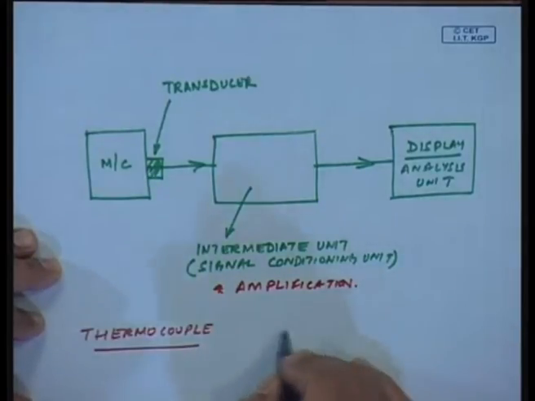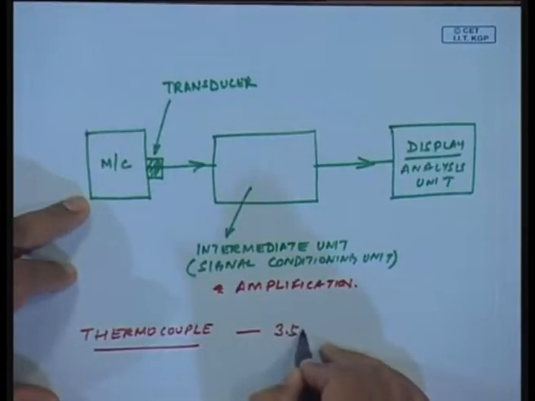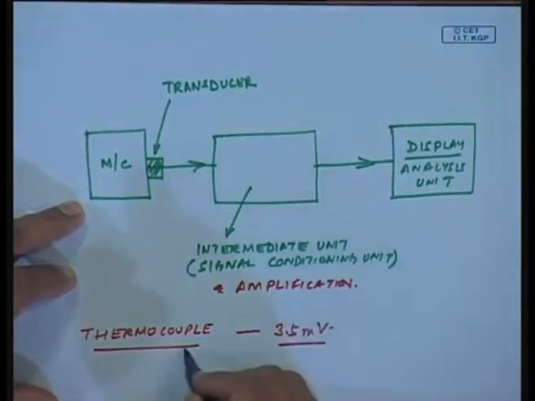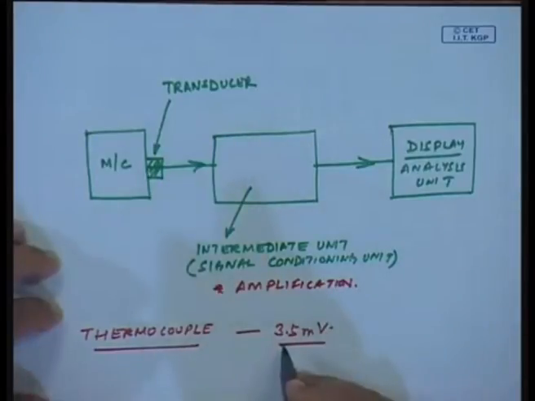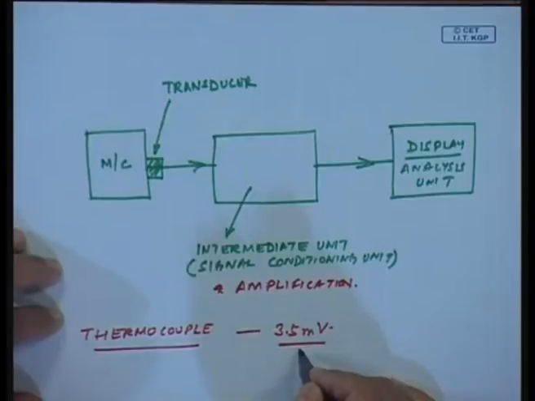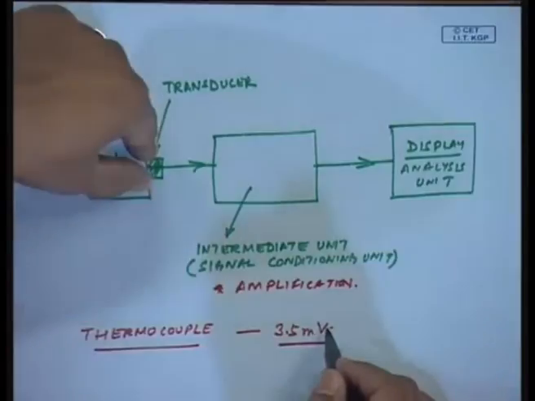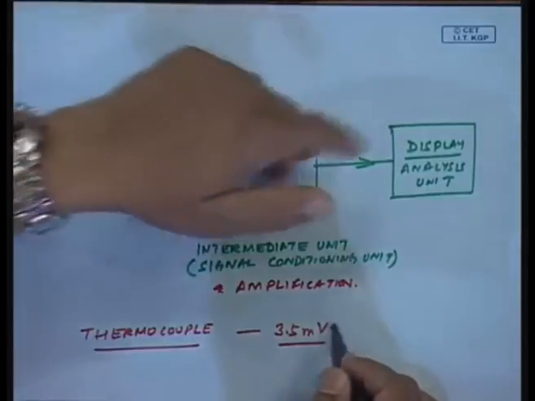Suppose a thermocouple at a certain temperature gives only about 3.5 millivolt. If you recall the measurements done by thermocouple, when the temperature increases, this voltage output will increase, but 3.5 millivolt will never become 10 volts. It goes from 3.5 millivolt to maybe 2 volts and so on. So, the range of the output produced by the sensing element may be from 0 to 2 volts, which may be very small compared to the range of display which I could have.